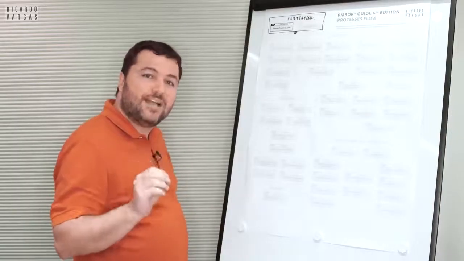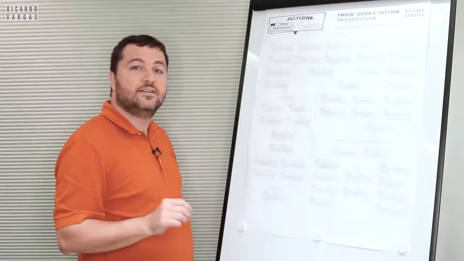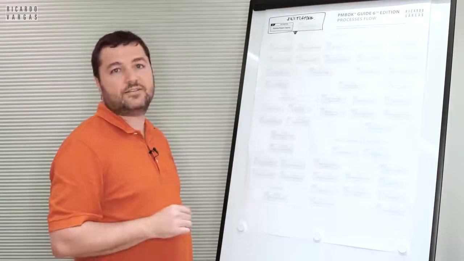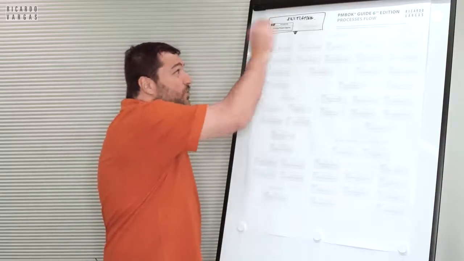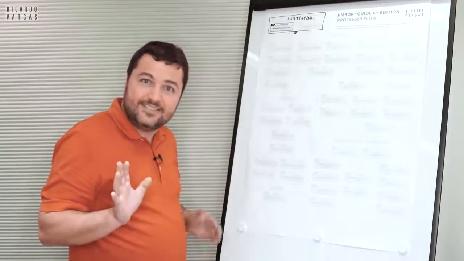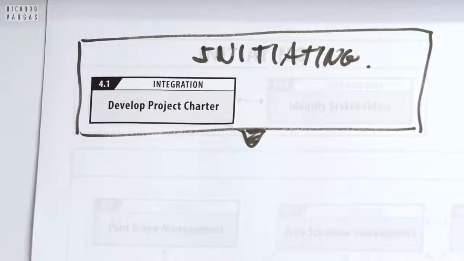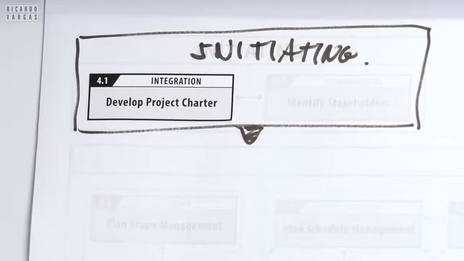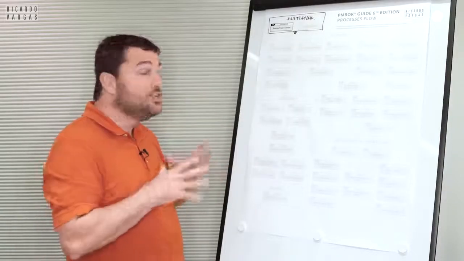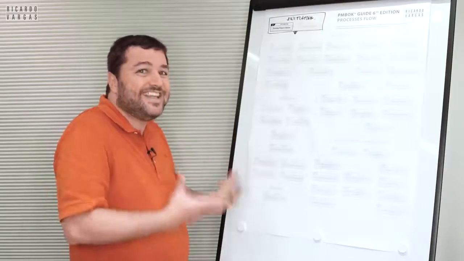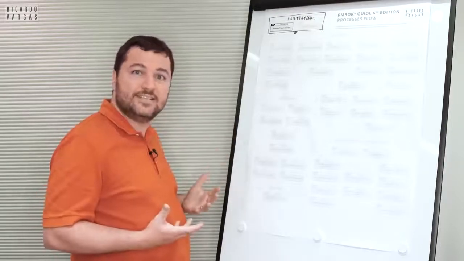The best way to explain the project charter is as a birth certificate. Why am I saying this? Because it recognizes that a project exists. Here you give a name, a project manager, some basic conditions. It's a 1 or 2 page document just to outline the intention and why this project exists.